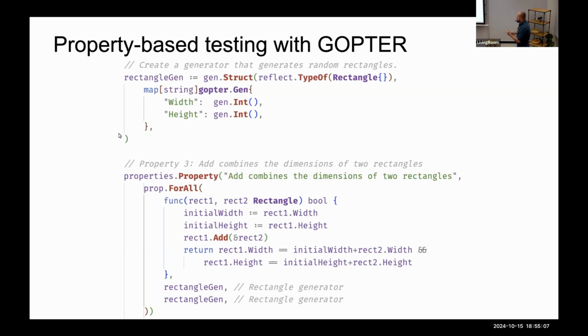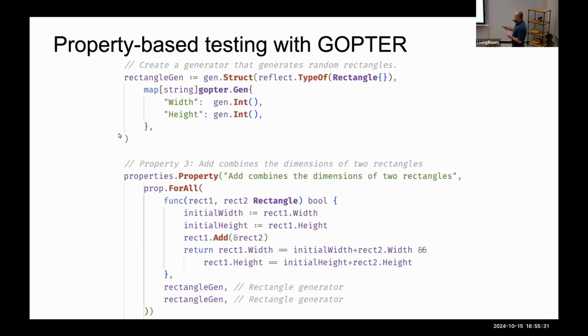So for example, here, if we want to generate a rectangle, we can define a map that will be generated. You can also put generators there as you wish, right? It can be custom, maybe static or already predefined generators, but you can also create your own generators.